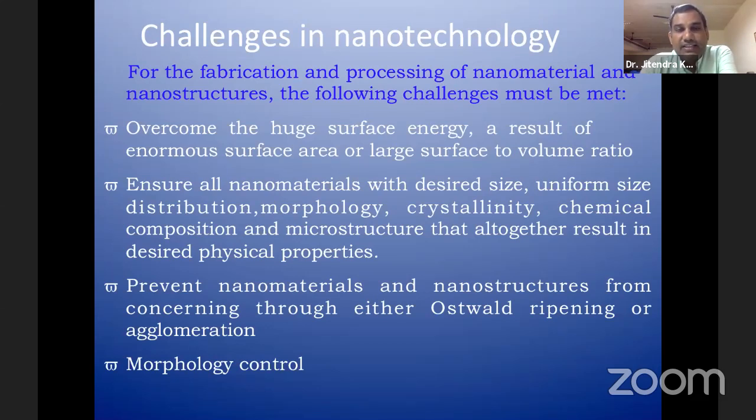It results in enormous surface area, a large surface to volume ratio, and you must also ensure all the nanomaterials have the desired size, uniform size distribution, morphology, which sometimes may not be uniform, crystallinity, chemical composition, and microstructure, that all together result in desired physical properties.